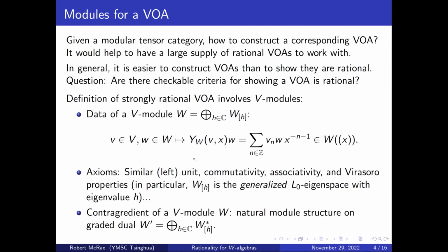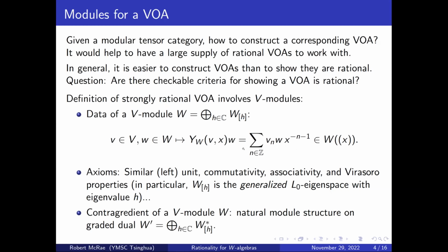The axioms of a module are similar to the axioms of a VOA. If you put the vacuum into the module vertex operator, you get the identity. There are similar commutativity, associativity, and Virasoro properties.